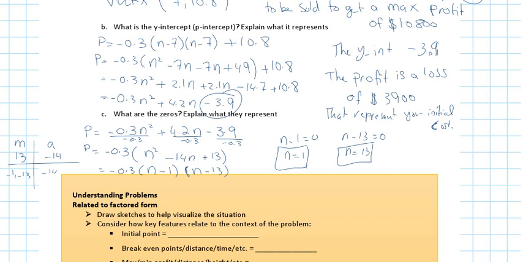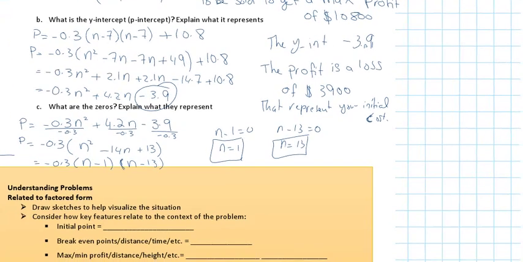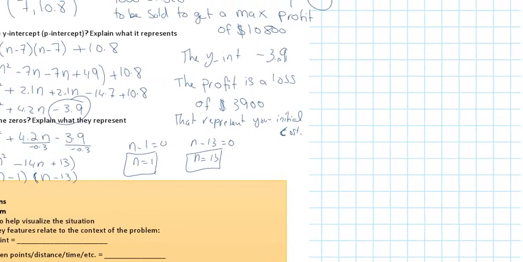I know that my maximum, or my vertex, sorry, is going to be at 7,000 and 10.8.